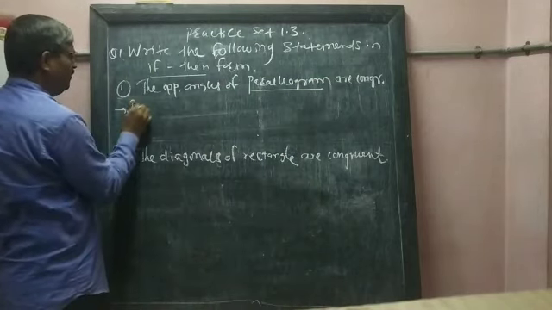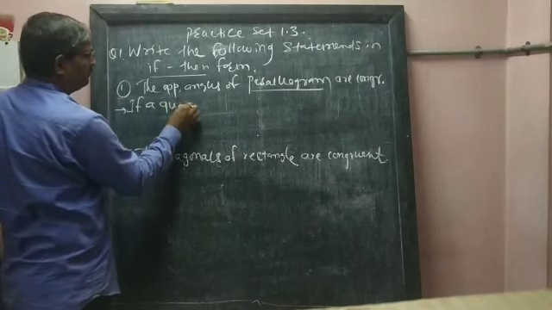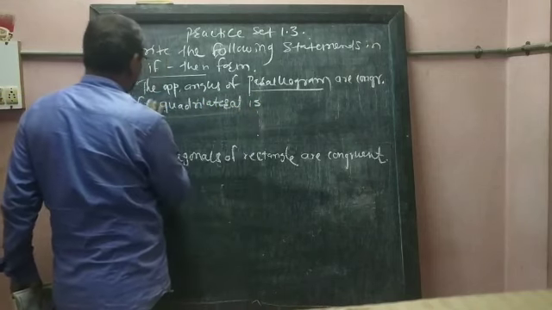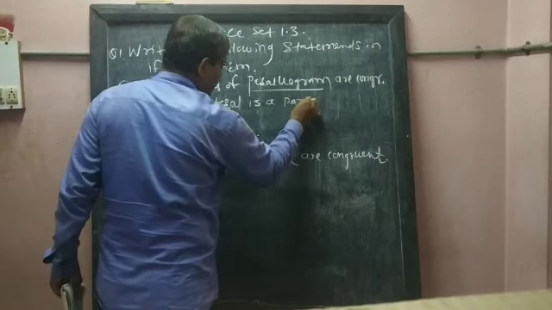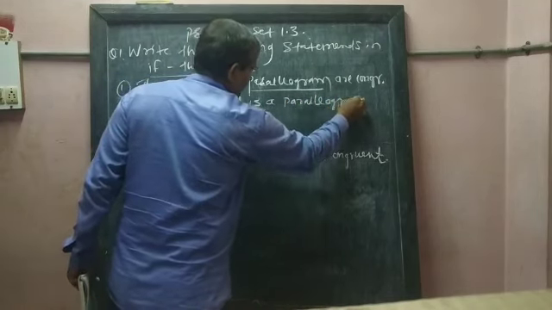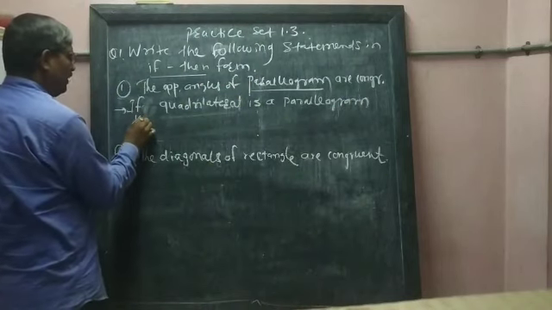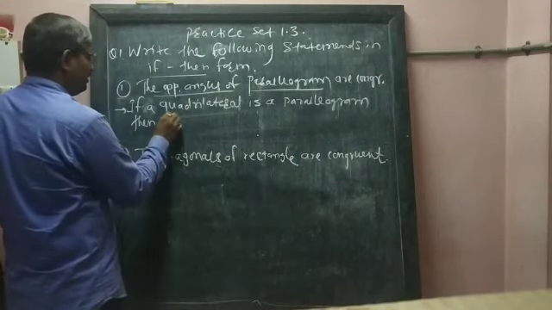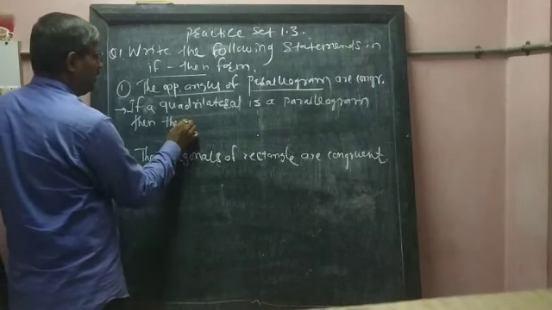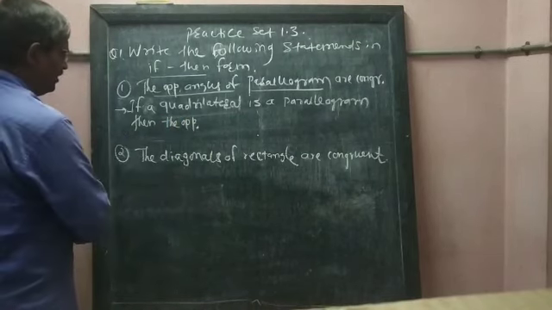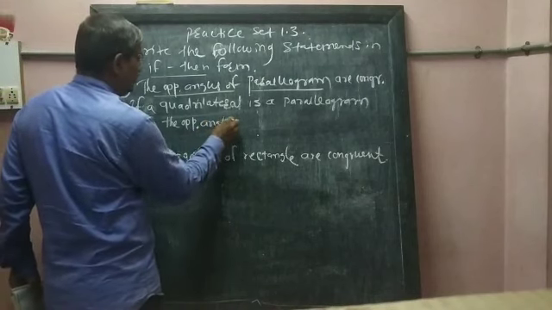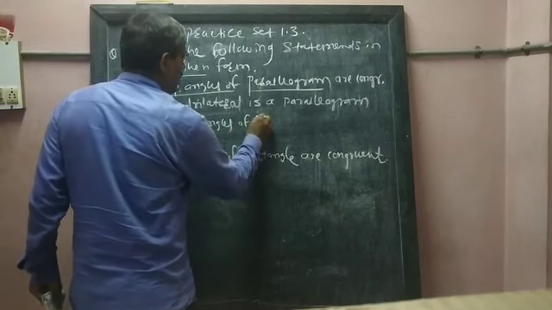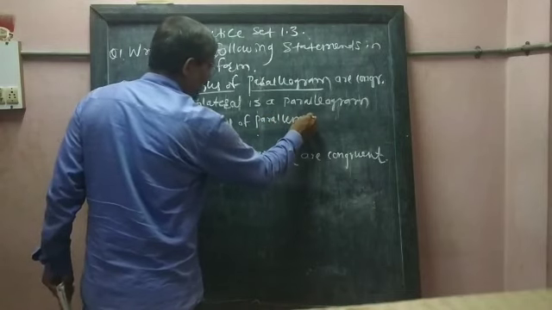If a quadrilateral is a parallelogram, then its opposite angles are congruent, or then the opposite angles of parallelogram are congruent.